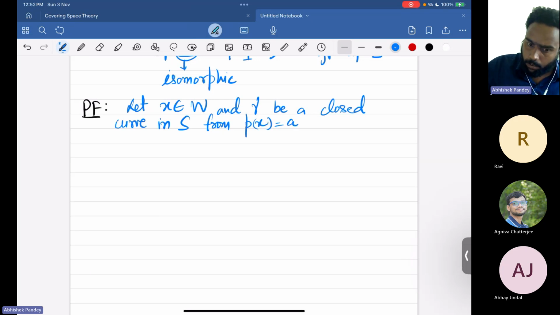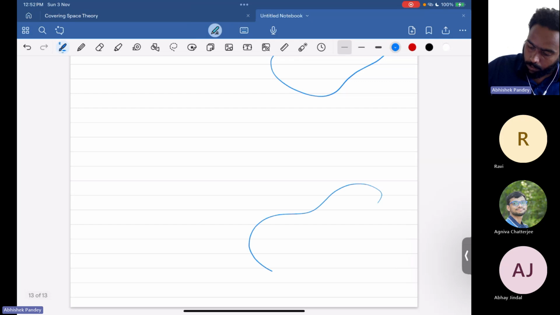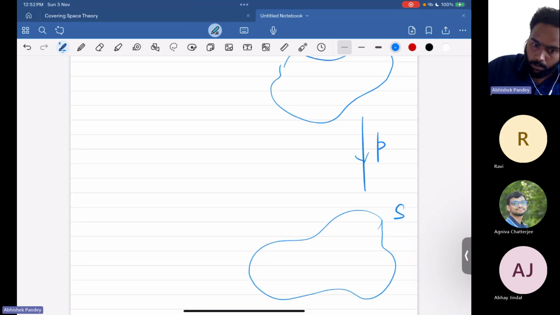So basically, here is W. Just say this is our S. This is P. We have x. And here we have point a, which is nothing but P of x, and we will consider a loop, a closed curve. This is gamma.